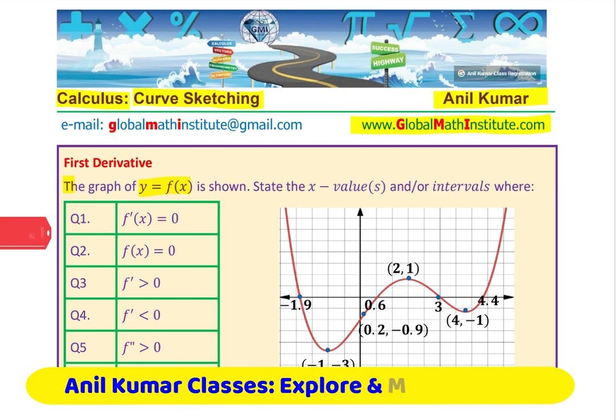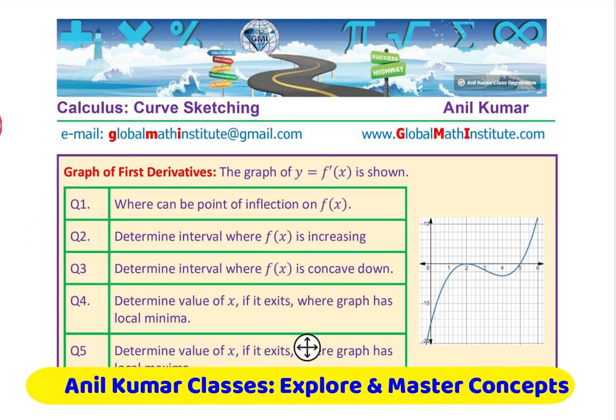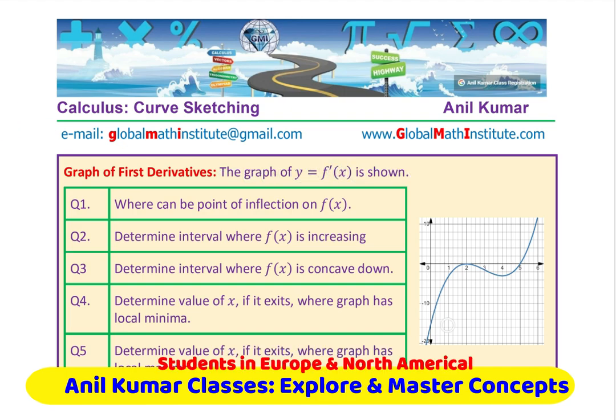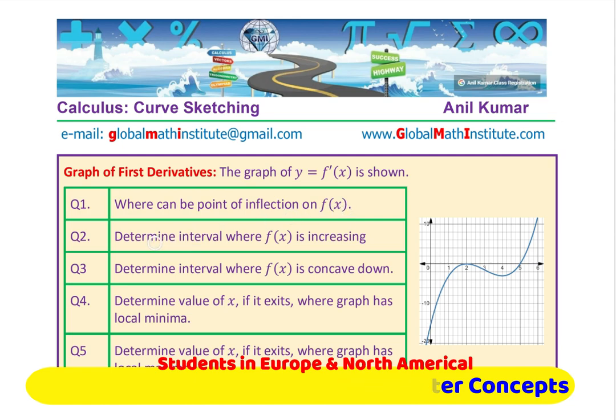We also have a second question where we are given the graph of the derivative. The graph of the first derivative is given to you, y equals f prime of x, as shown. And the related questions are: where can be the point of inflection on f of x?